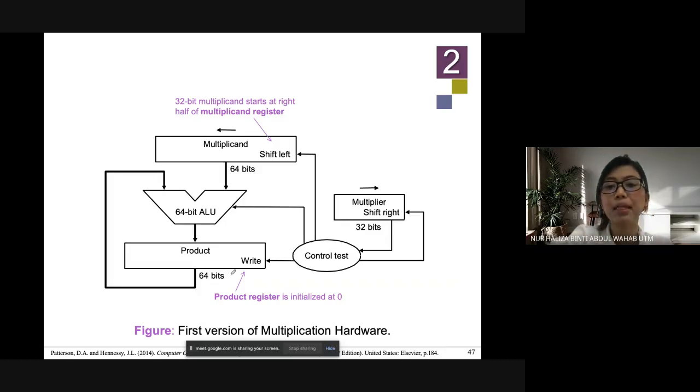What is the multiplication hardware that is available? This is the first version that is available. You can see over here the product register, the ALU, the product shift left, shift right, control, test and everything. This one is just the example for you to see.